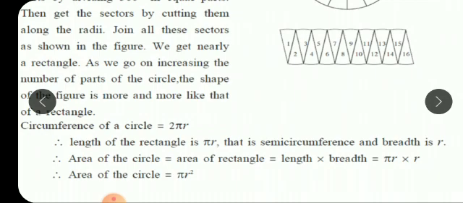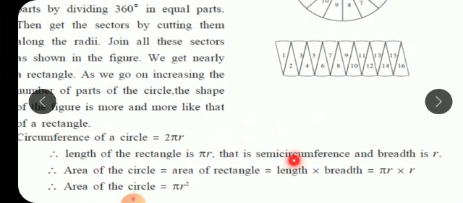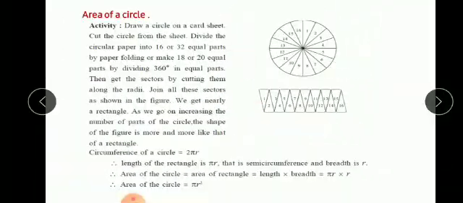Area of the circle means area of rectangle, that is equal to length into breadth. So length is given as pi r and breadth is given as r. Therefore, from this activity we know area of circle is equal to pi into r square. Okay. So with this activity we will go towards the next part.